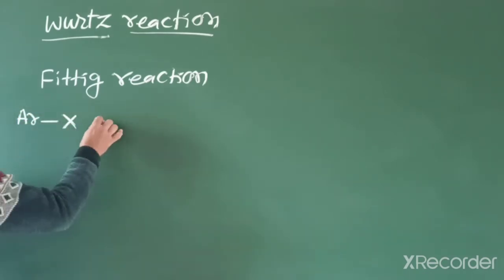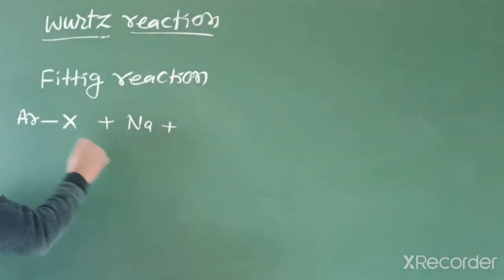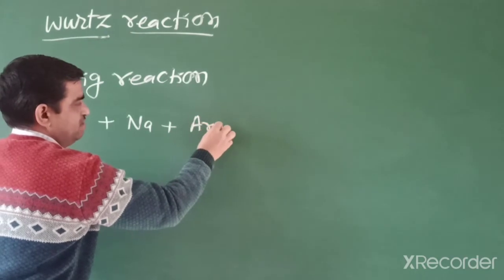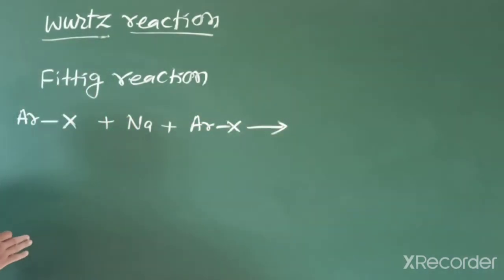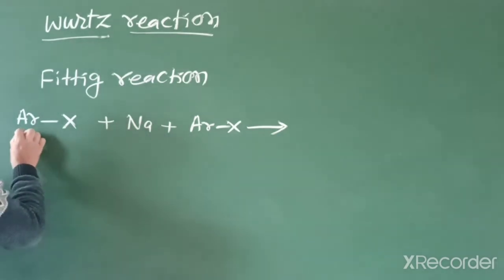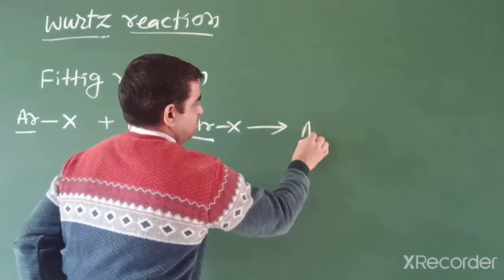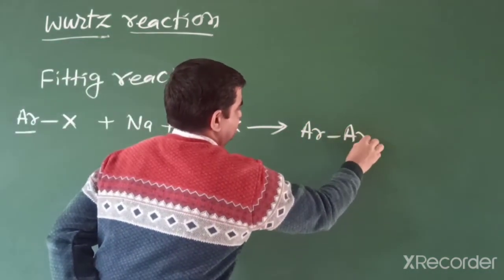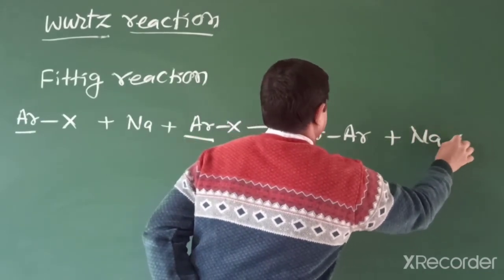When two aromatic halides react with sodium metal, this reaction also occurs through a free radical mechanism, and this converts to Ar-Ar and sodium halide.